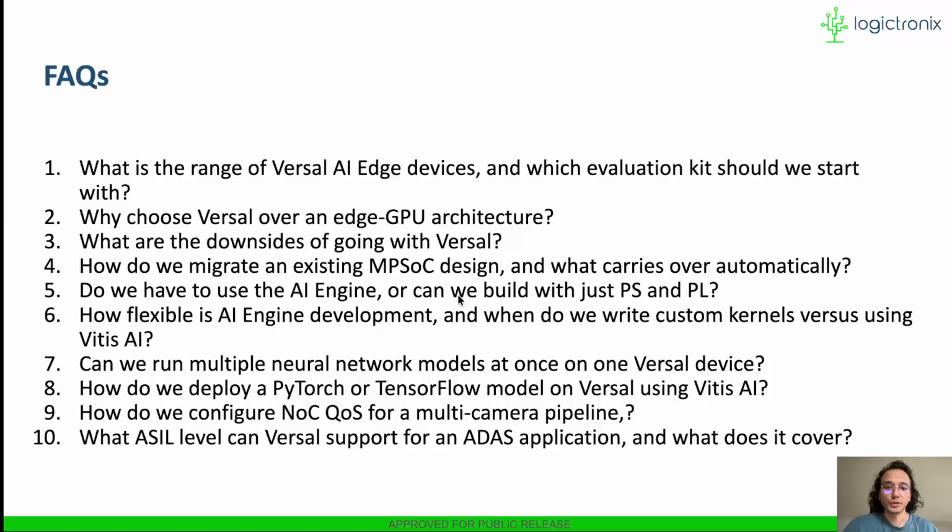Why choose Versal over an edge GPU architecture? So couple of the points that Versal is advantageous compared to a GPU plus other device architecture. First one is we get lower power for the full pipeline because Versal handles the sensor interfaces, AI inferencing and real-time control on a single chip without needing a separate device for the IO, which a GPU cannot do natively.